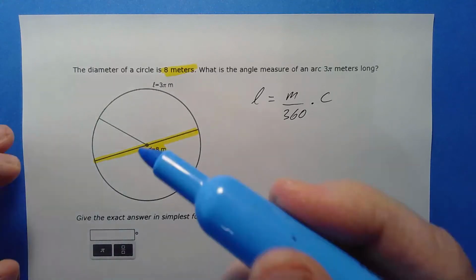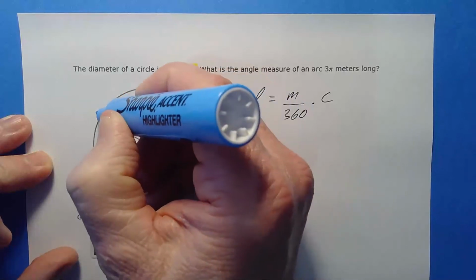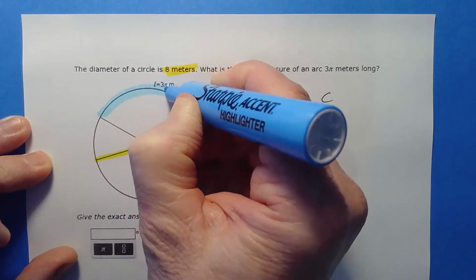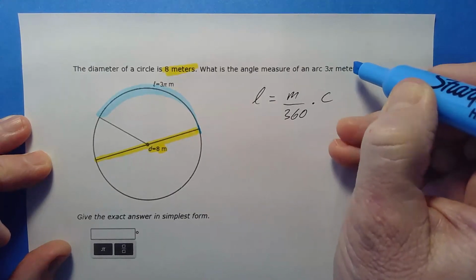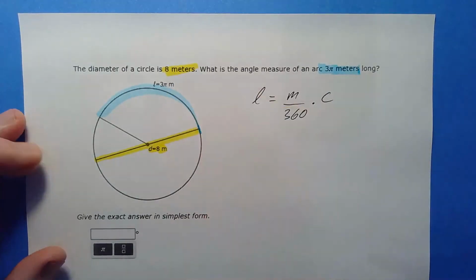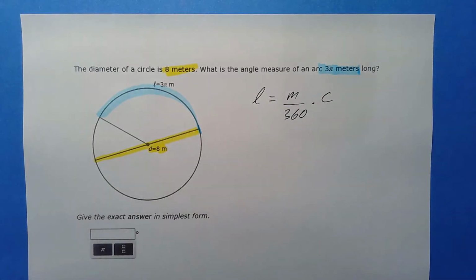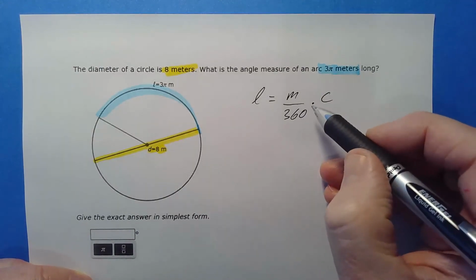So again, let me just mark this so it's a little more clear what the arc is, right? It's 3 pi m, okay? So let's come around here, right? That is my arc, right? The arc is 3 pi meters, right? M for meters, right? And now I'm trying to find this time, though, m. So this is not really ideal, is it?